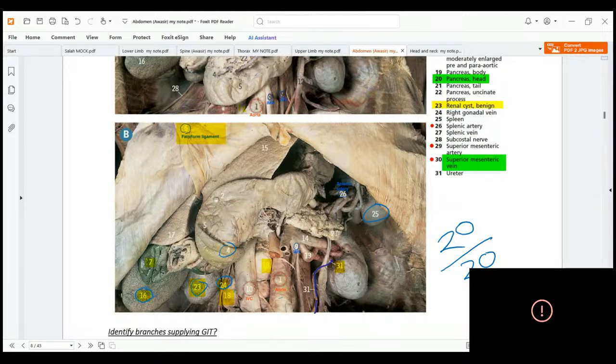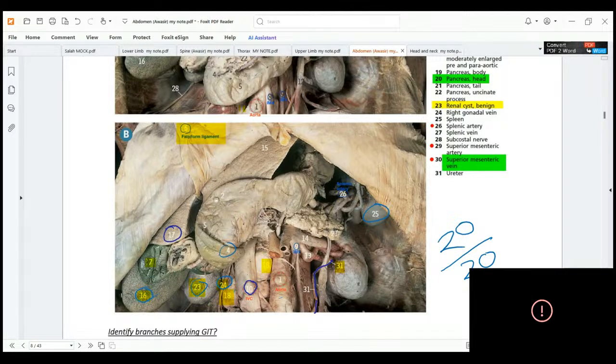I will see. This is inferior vena cava. 17. 17 is right lobe of the liver.